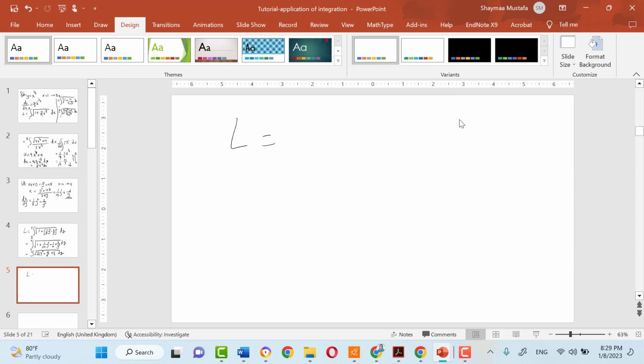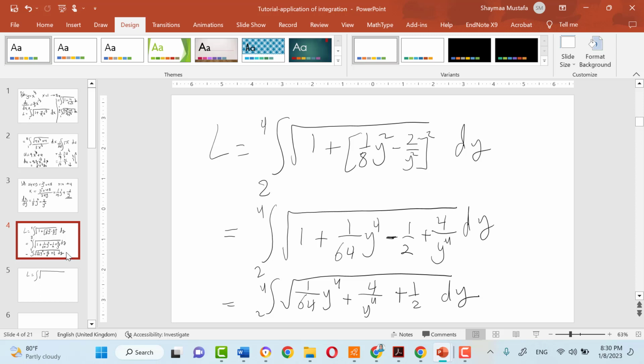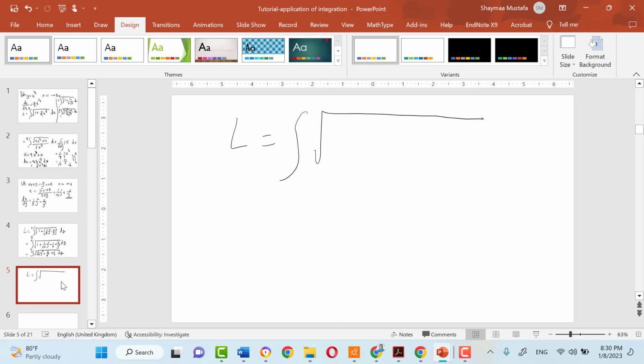And this one is equal to the square root. If you have a look here, if I take the square root of this one, we have y squared over 8, over 16, over 8, okay.